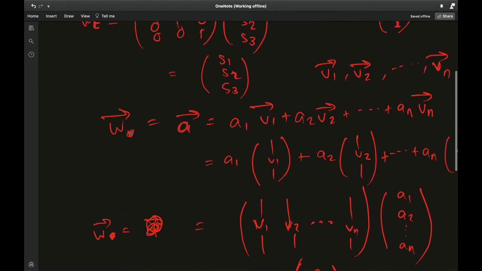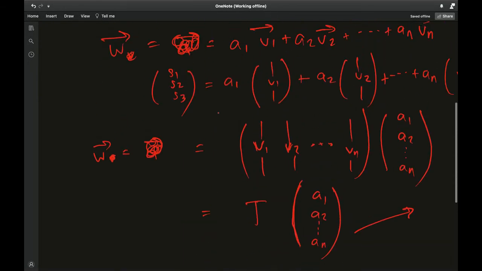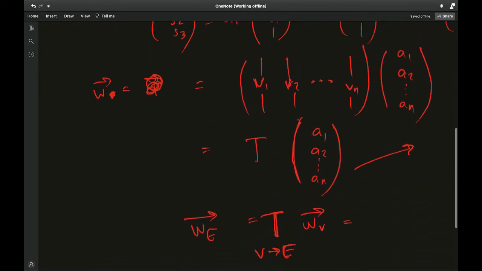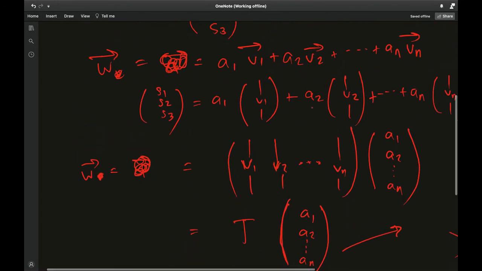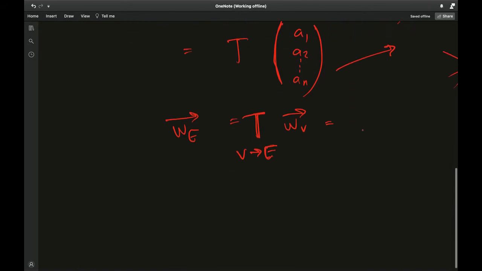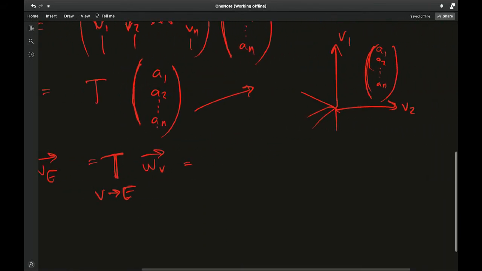I made a mistake here. I wanted to say that we start expressing W as a linear combination of other vectors. Since W is S1, S2, S3, it's in the standard basis. So the column matrix that these coefficients form is actually a point written in terms of these new bases.